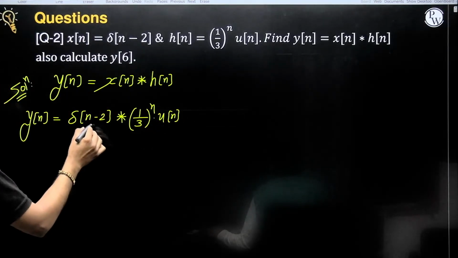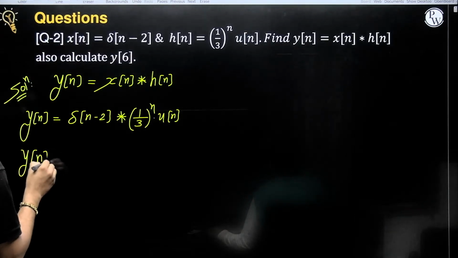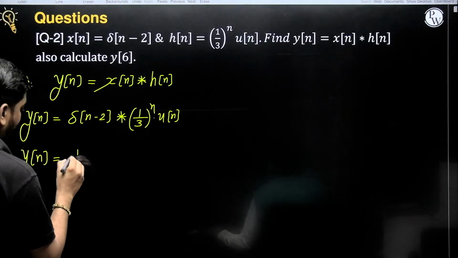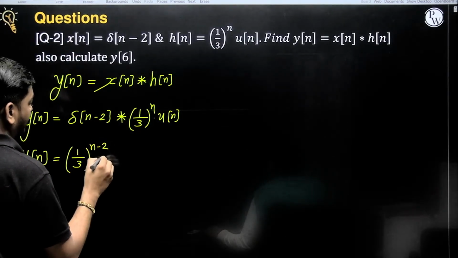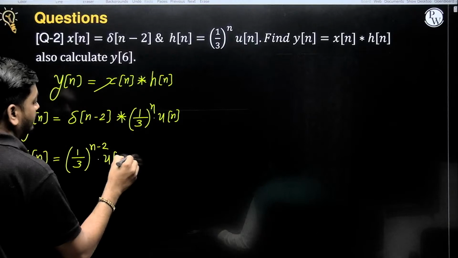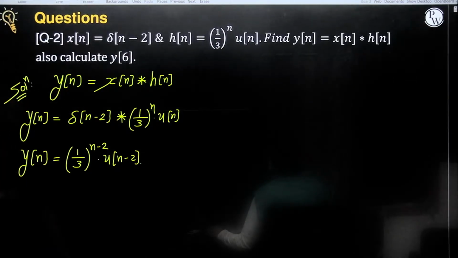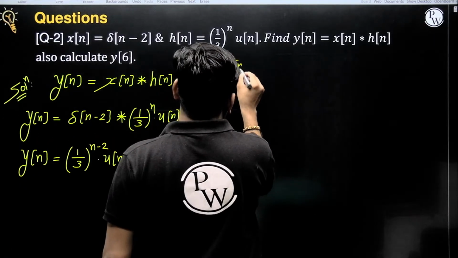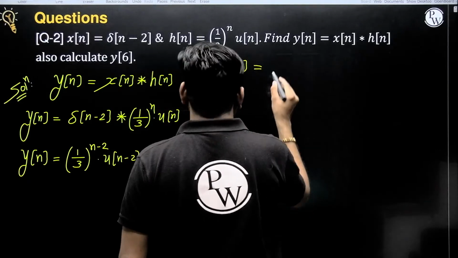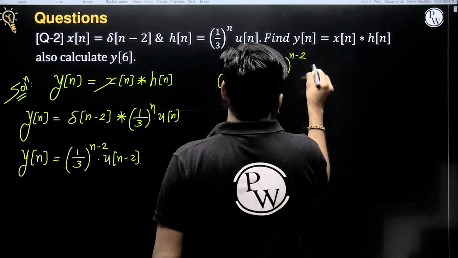Again this is n minus 2, so replace n with n minus 2 everywhere. y of n is equal to 1 by 3 power n minus 2 into u of n minus 2.